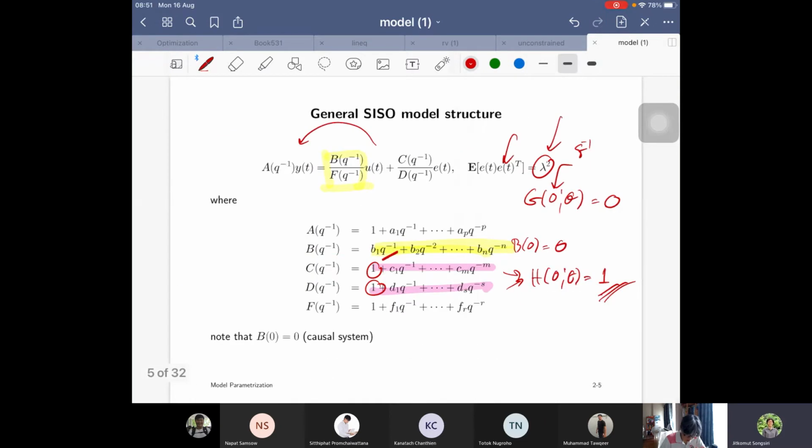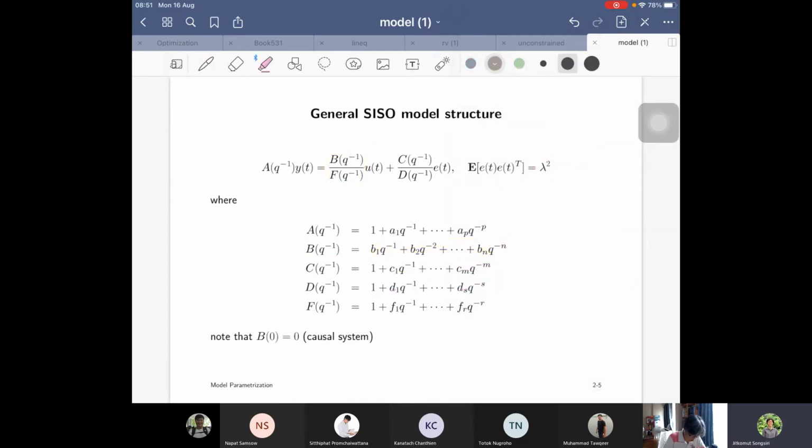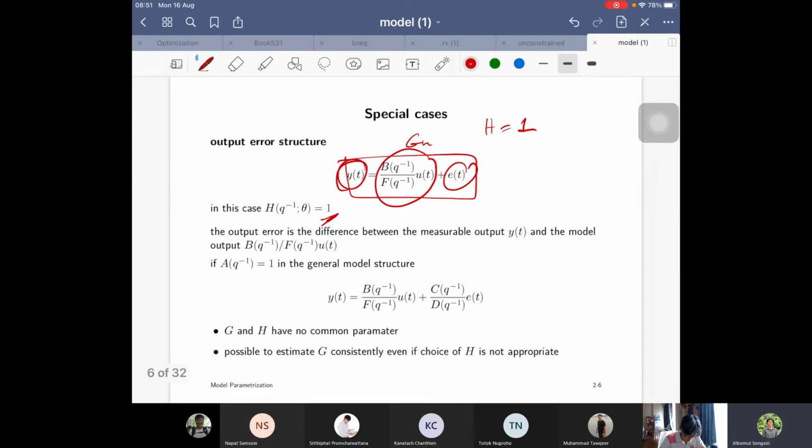Okay, if we take a look at here, if this polynomial A happens to be 1, then this is again a general model structure in this format, where F and D don't have to be the same polynomial.